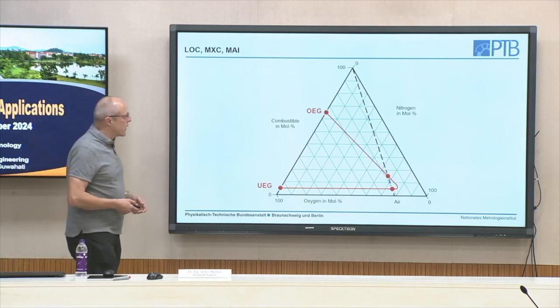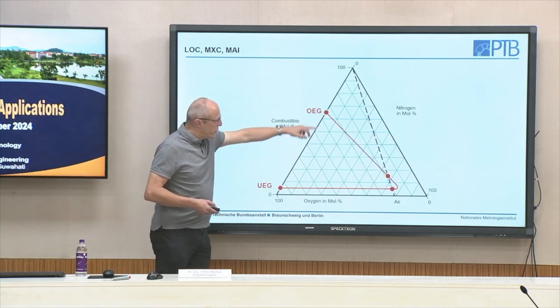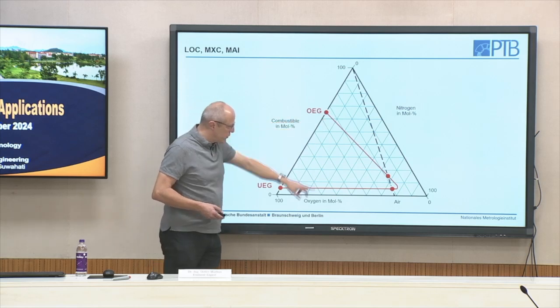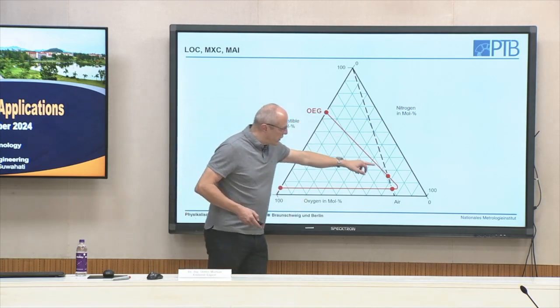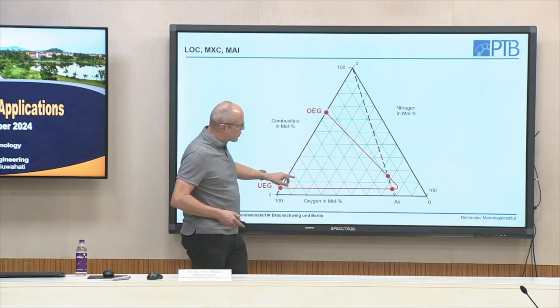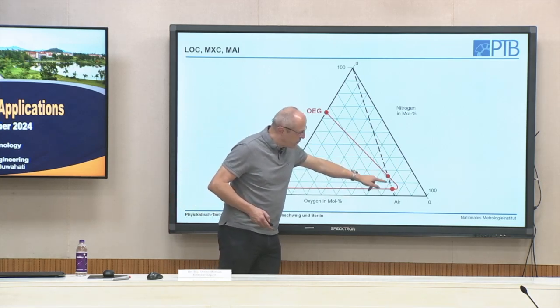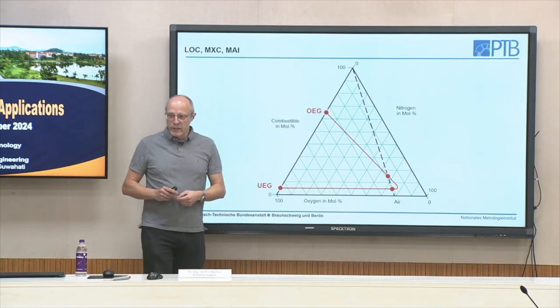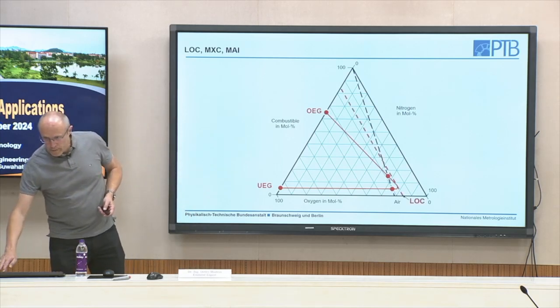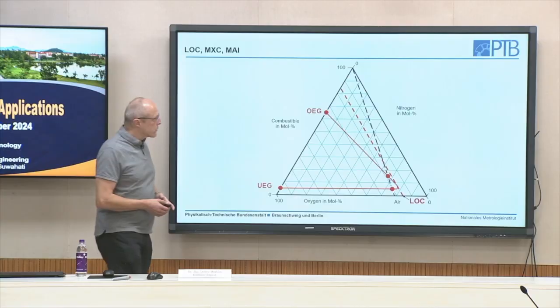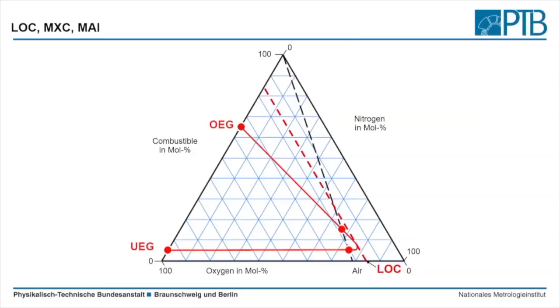So if we look again at such a ternary diagram of combustible, nitrogen and oxygen, this is the explosion range. Here are the limits in air. The limit in oxygen concentration is parallel to this axis.